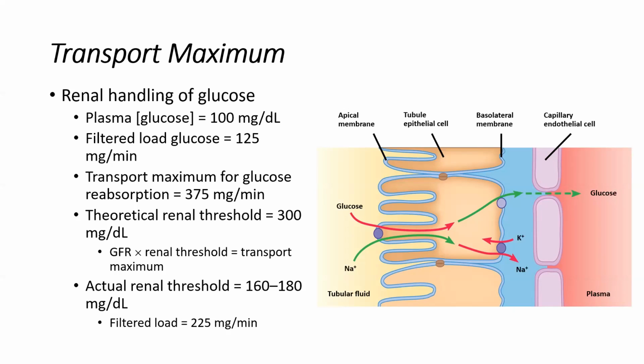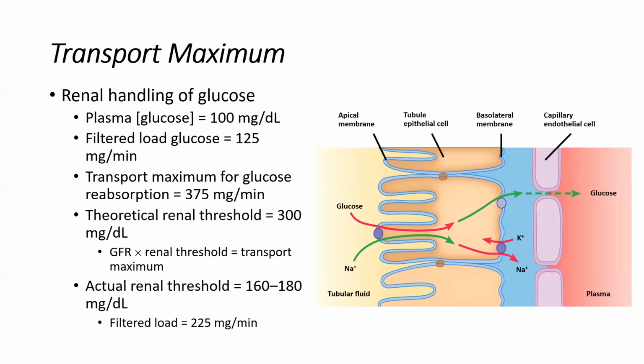We simply took that 100 milligrams per deciliter, converted that to 1 milligram per milliliter, and multiplied that by our GFR, which is 125, and that gave us a filtered load of 125 milligrams per minute, right? Now, if we talk about the transport maximum for glucose reabsorption, that's 375 milligrams per minute.